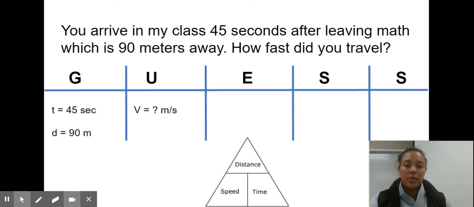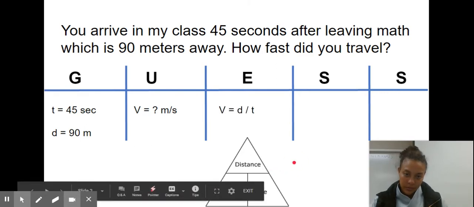Those other two variables are left over. So that's one way of identifying how that equation functions. If you cover up the variable that is your unknown, your final two variables will be there, so you can figure out what your equation is. Anyway, speed is equal to distance divided by time.